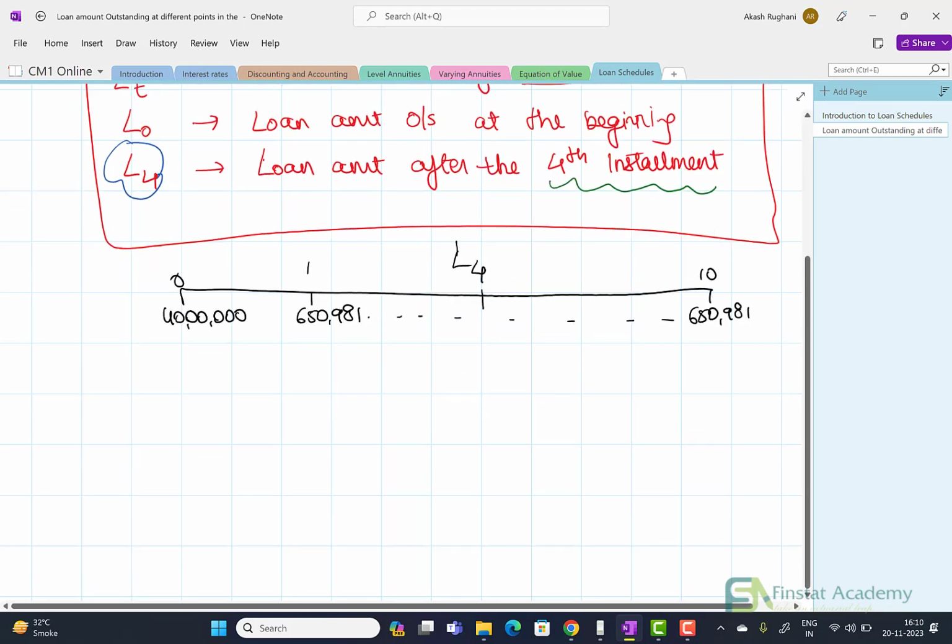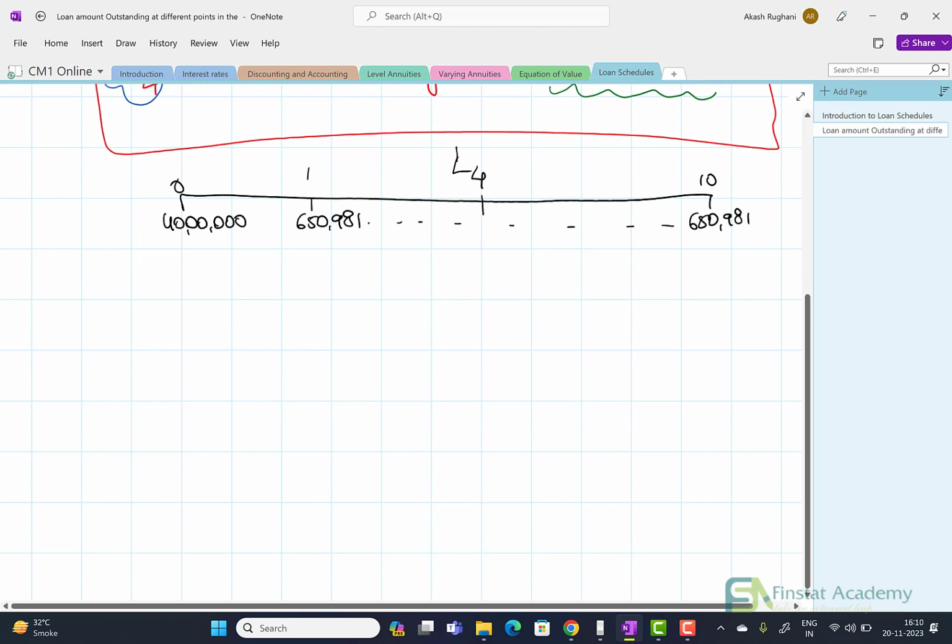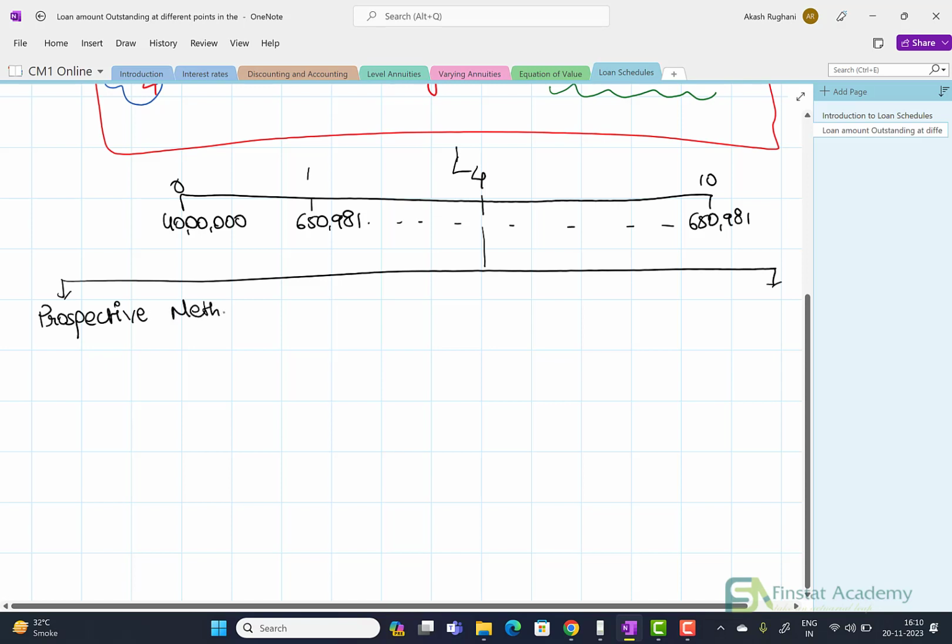All right. Now to find this, there are 2 ways, guys. The first way is called the prospective method. The second way is called the retrospective method. Now let's try to understand both.